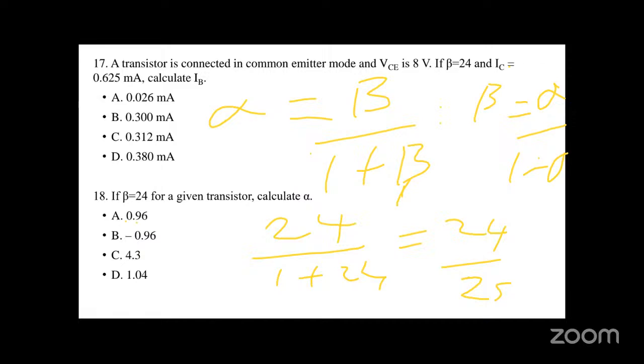So our answer is 0.96. So A is the correct answer.